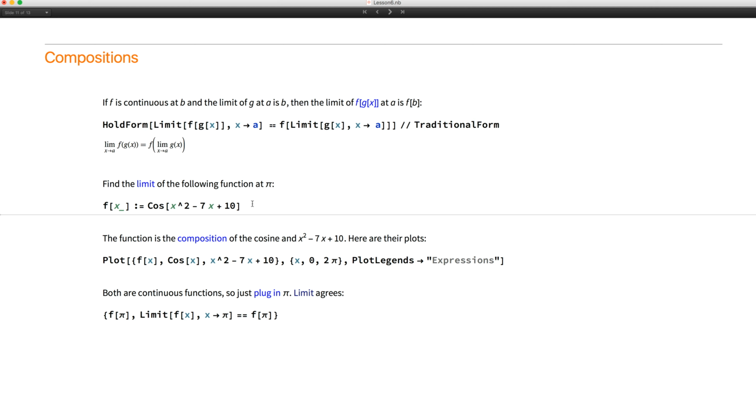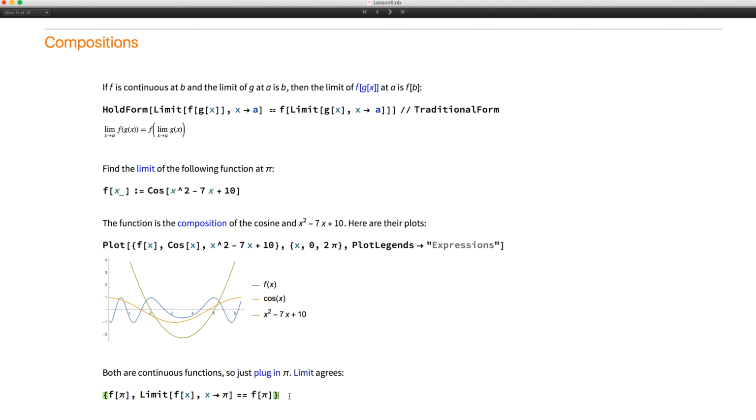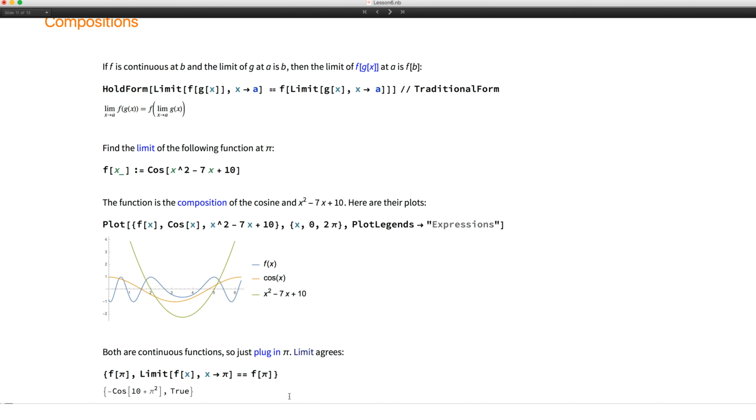So basically, you have f of x defined as cosine of a polynomial, but cosine is continuous, so is a polynomial, and this function is the composition of trigs and polynomials. If you look at the graphs, everything looks fine, and in fact, the function is continuous. So the point is that given a composition of functions, you can basically show that they're continuous by looking at each piece separately. So in this case, you looked at x squared minus 7x plus 10, and you looked at cosine, and then we were done.